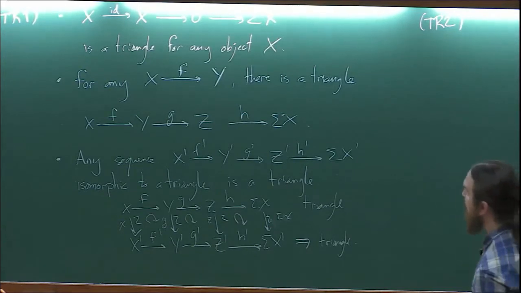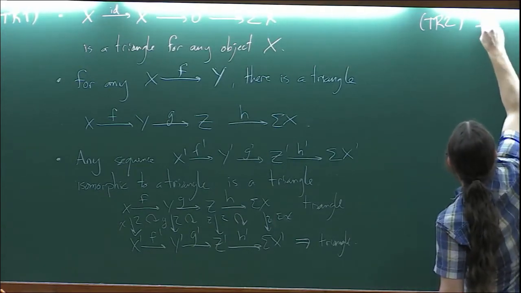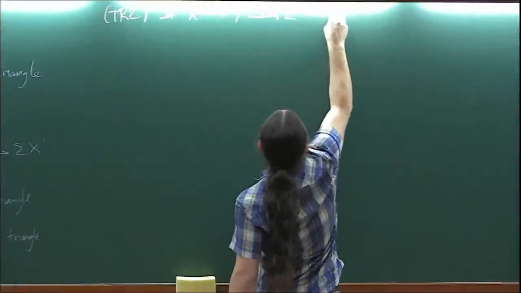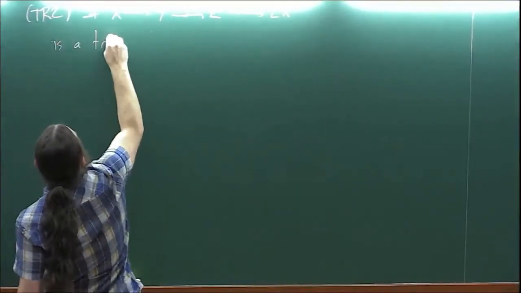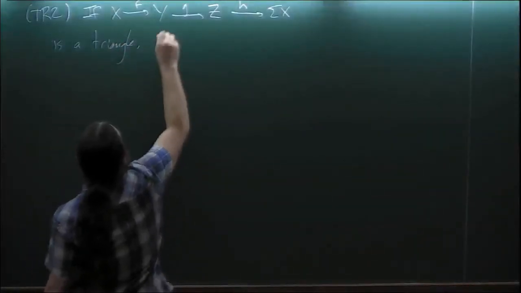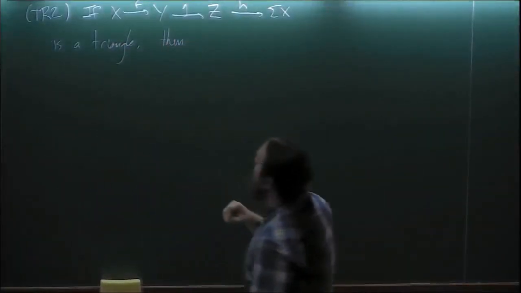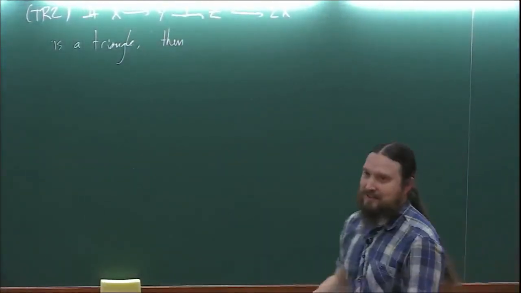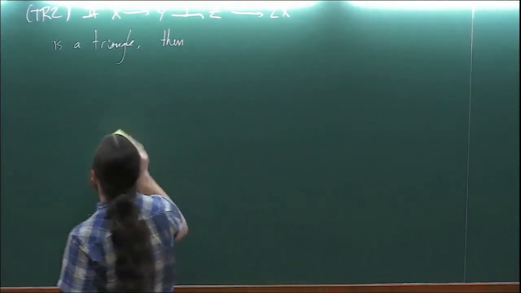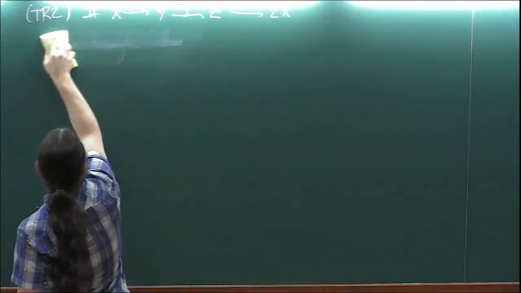Now, the second axiom tells that if you have a triangle, then you can deduce from this infinitely many triangles by rotating it. In fact, I should write it in a slightly more concise way.